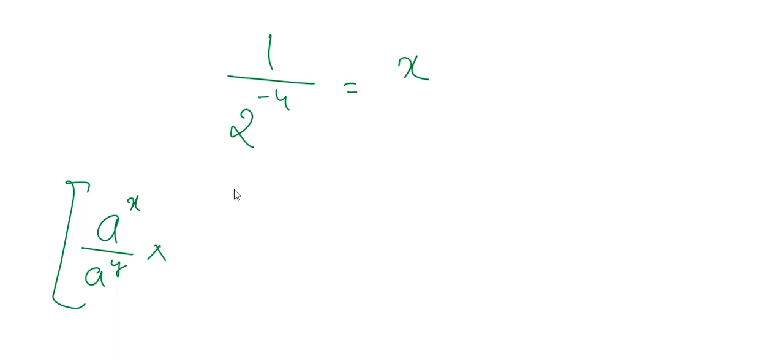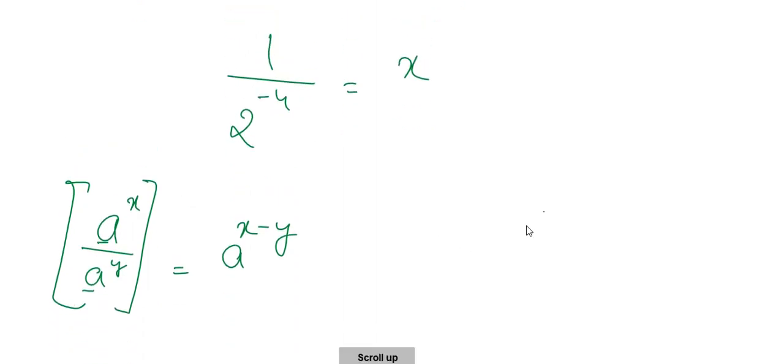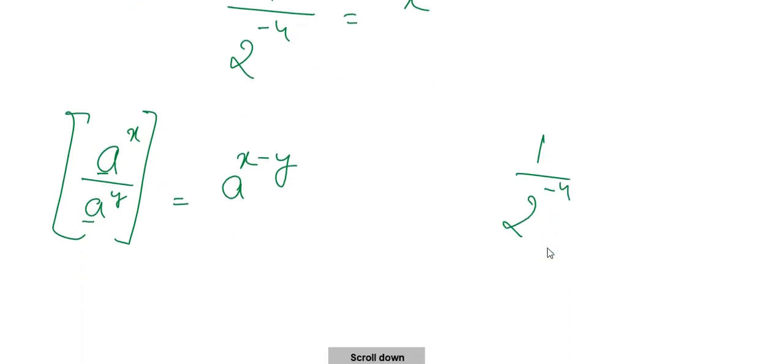It would give me a to the power x minus y, if I have the same bases in my numerator and denominator. Now observe carefully, how can I write 1 as 2? For using this property here, I would be having the numerator as 2 as well.